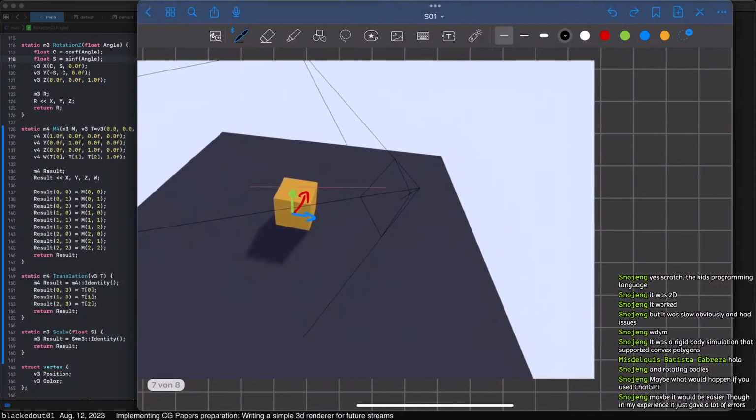Initially the camera matrix is just the identity matrix, like this. And now we can apply different matrices or different operations to this camera matrix to convert it into the camera matrix.